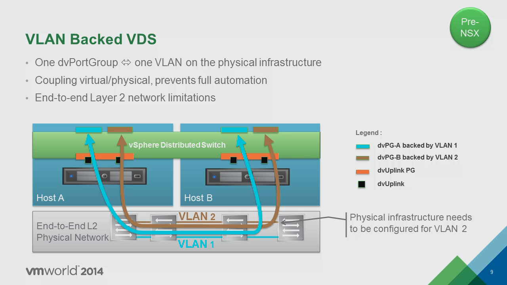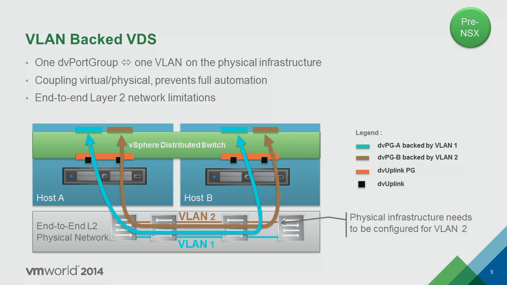Well, the problem is that I now need a second VLAN to back this new DV port group. So we have a dependency on the physical, meaning that when I create this on the logical side, typically a server admin thing, I need to make sure that some work is done at the level of the network, and that's a job for the network admin. This is going to slow down your operation considerably. That's one of the main issues, I would say.